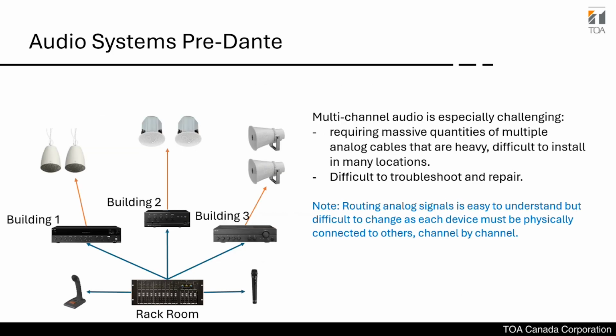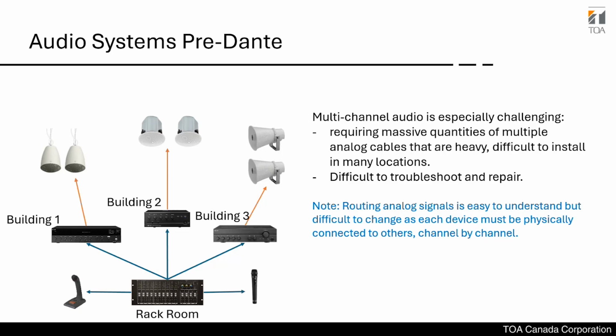Multi-channel audio is especially challenging, requiring a massive quantity of analog cables that were heavy, difficult to install in many locations, and difficult to troubleshoot and repair as well. As we discussed, routing a signal is easy to understand but difficult to change.